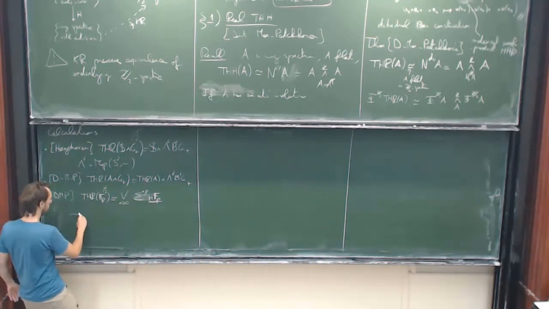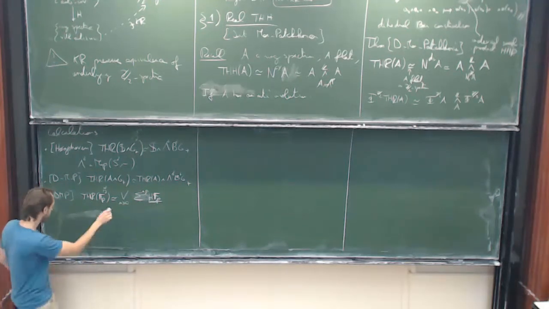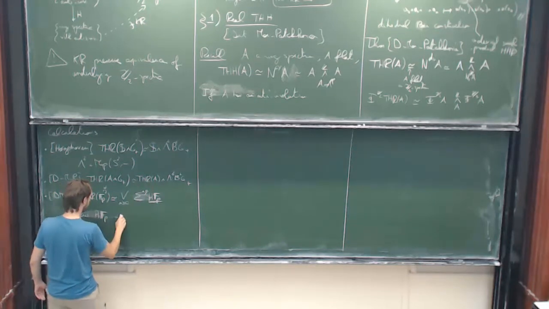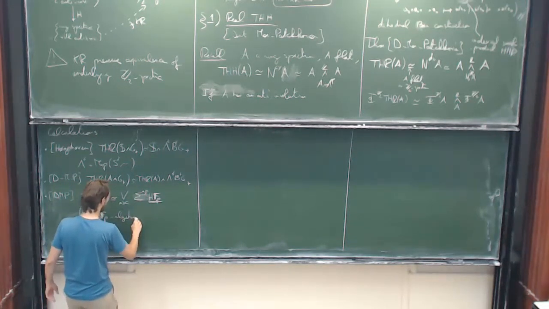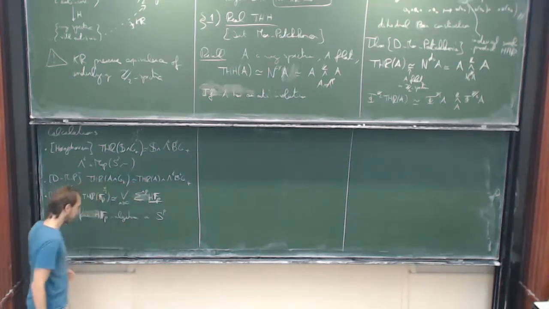So from this we can calculate the fixed points. Maybe let me say it like this. This is the free HFp algebra on the regular representation sphere.